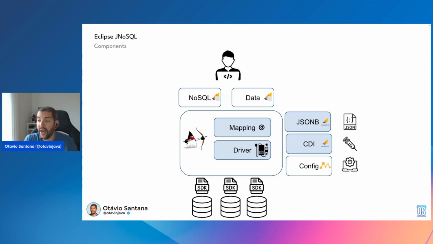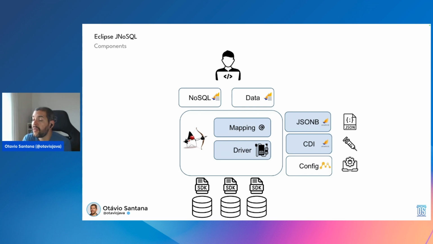Here, I can go quickly over the way that we do things with Eclipse JNoSQL. Eclipse JNoSQL is a framework that uses several Jakarta specifications. So to integrate with the user, we use both NoSQL and Data. To handle JSON, we do have the JSON specification. To handle dependency injection, CDI.